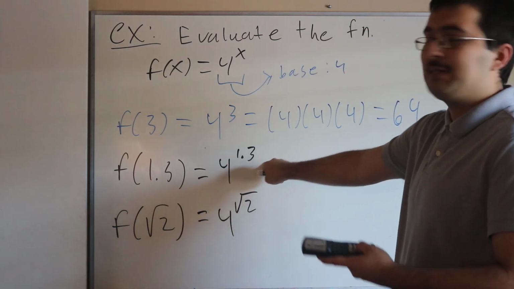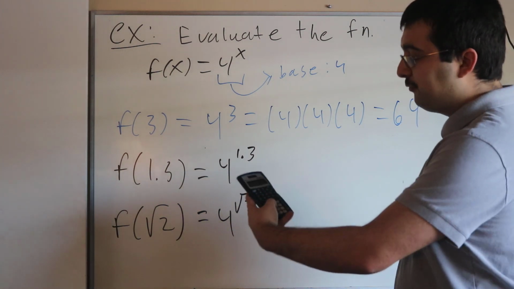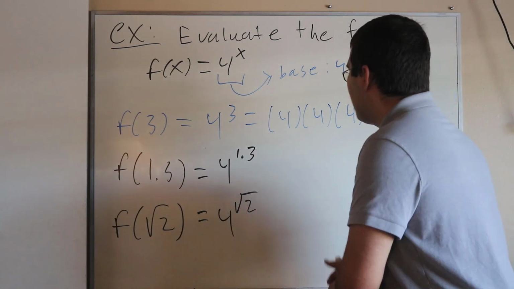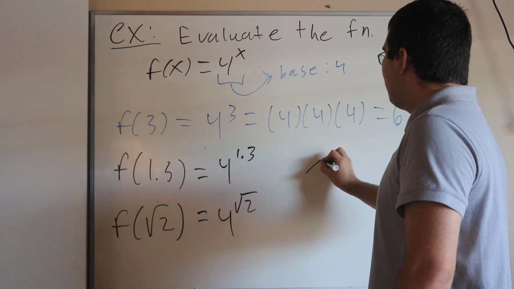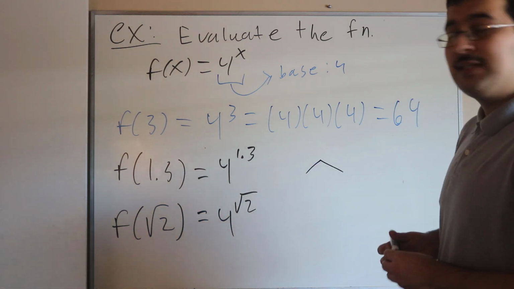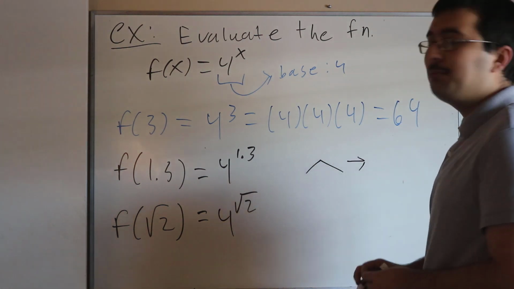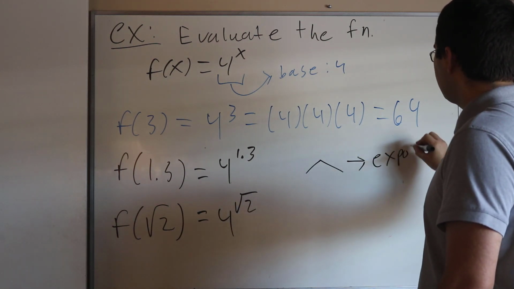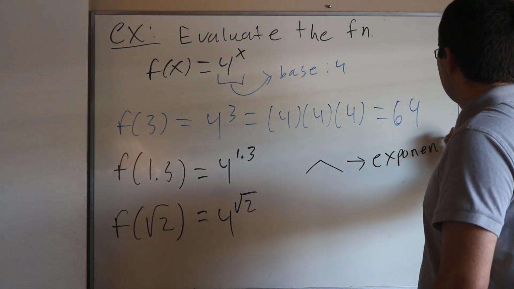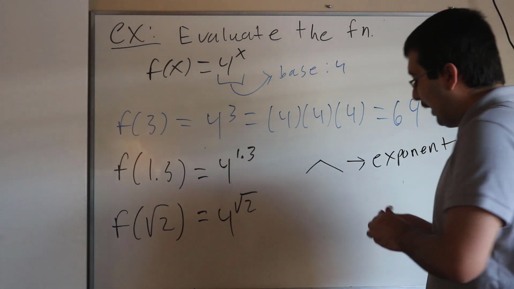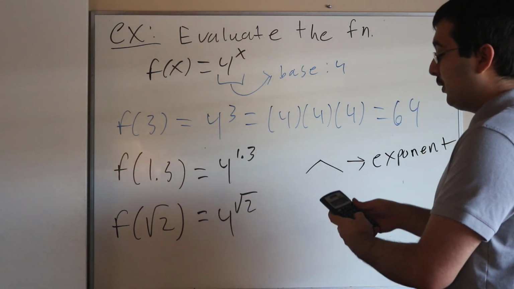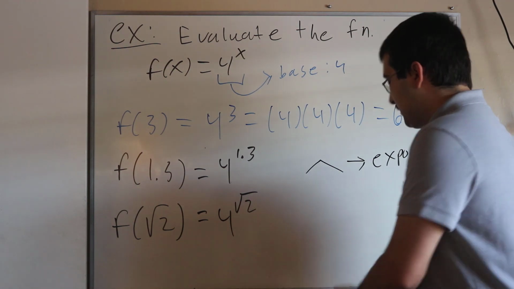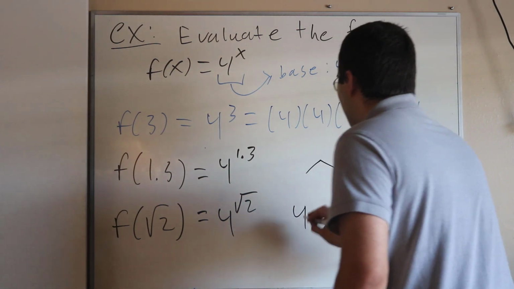To take 4 to the power of 1.3, I would do 4 on the calculator, and then there's an upward pointing arrow button that looks like this. This is the button you press for power or exponents. This is the exponent button. So I would press that, then I would write a parenthesis. So here, I can actually write for you what I would write in my calculator.